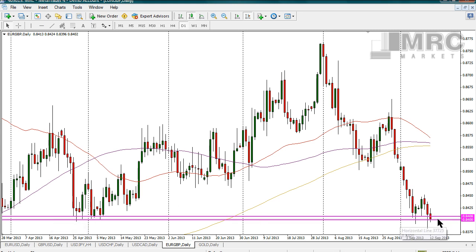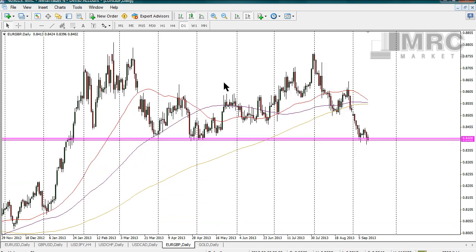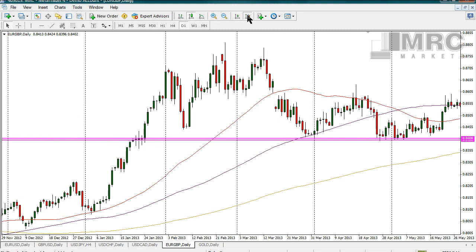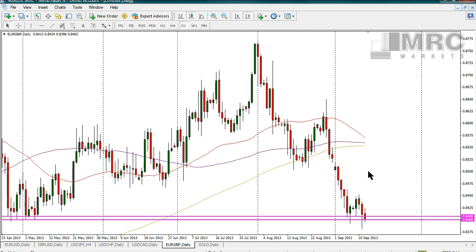So if the body closes below both of them, then it's got a lot of room to go back down. So you've got two levels there to look out for. Ideally, for the bulls, it needs to close above, in my opinion. But as long as it closes above the 84, then it should still be okay. But ideally, it needs to close above that 84.08, in my opinion, for it to come back up. And then of course you've got the moving averages around here as well.